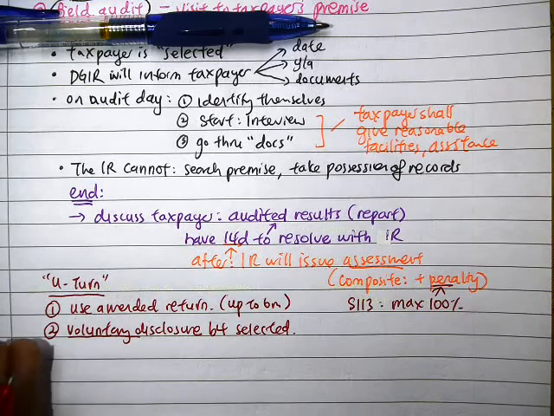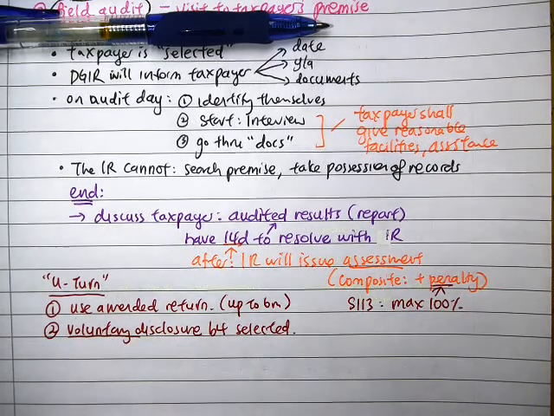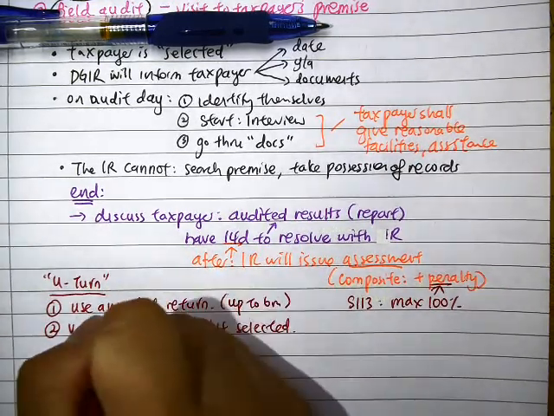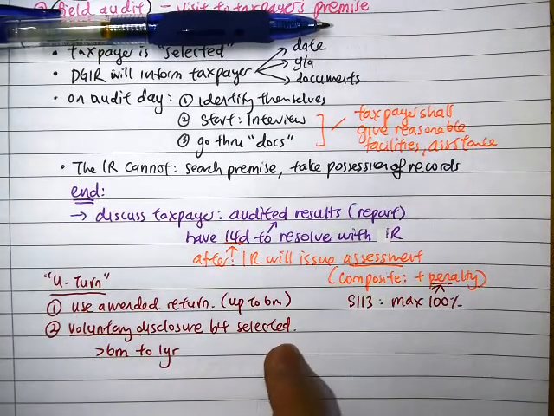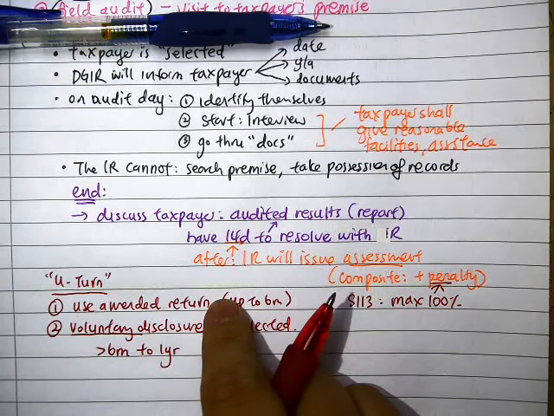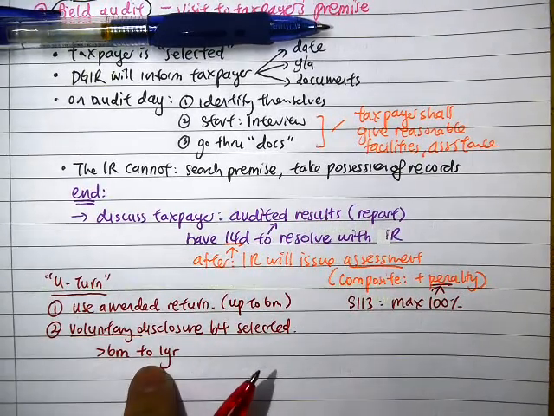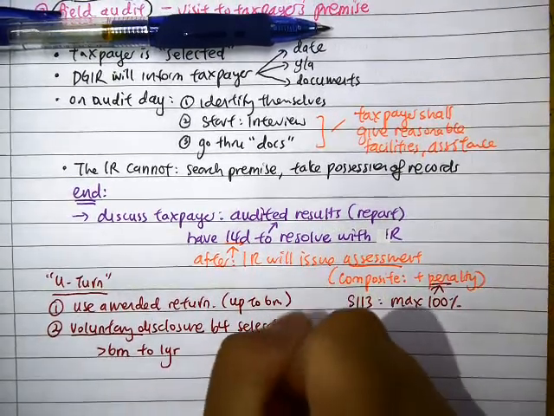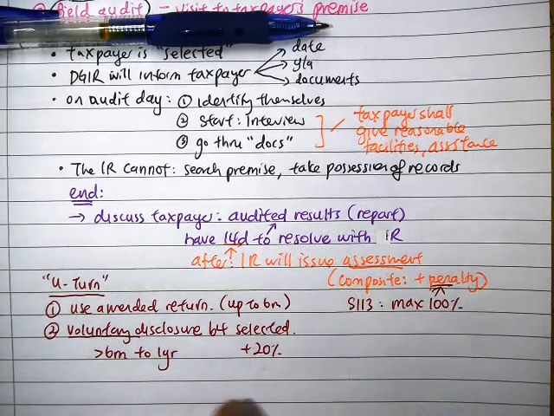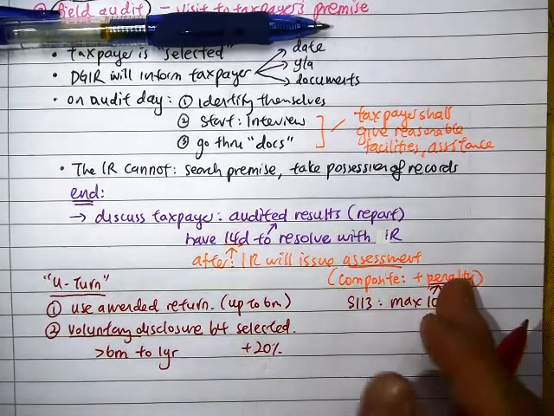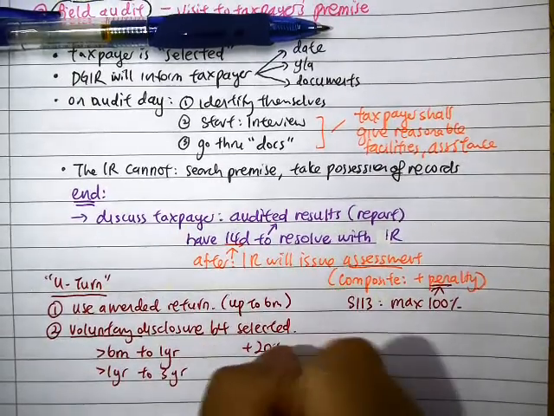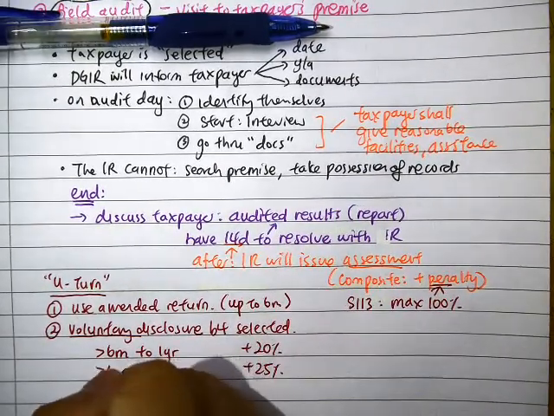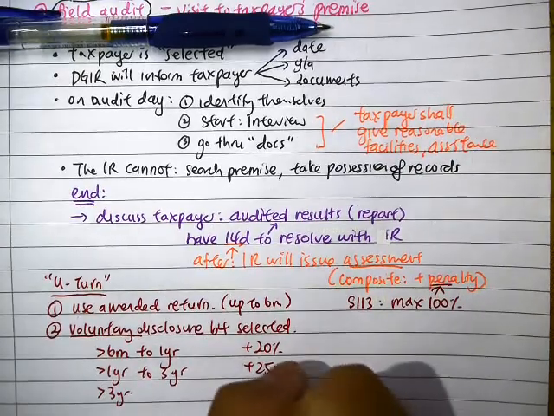For a voluntary disclosure before being selected, anything more than 6 months up to 1 year, because within 6 months you can use amended return, they will add 20% as penalty. Still lesser than 100, right? More than 1 year up to 3 years is 25%. More than 3 years is 30%.